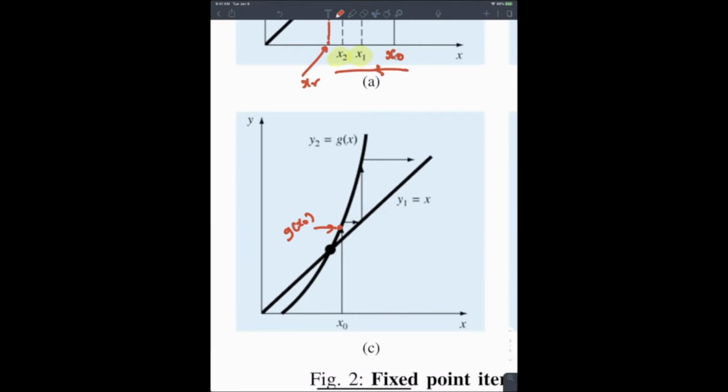From that point, you project it to y is equal to x. That is your next root, x1. Then you find gx1, and you project it to y is equal to x. That is x2. What is happening here?